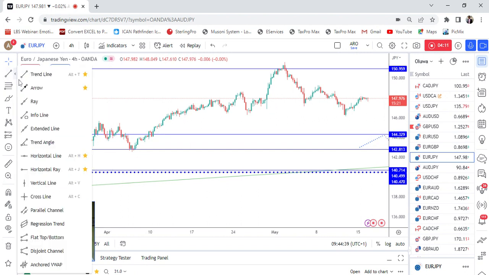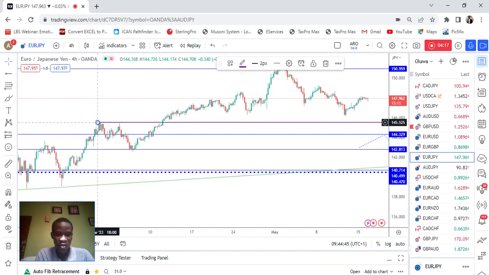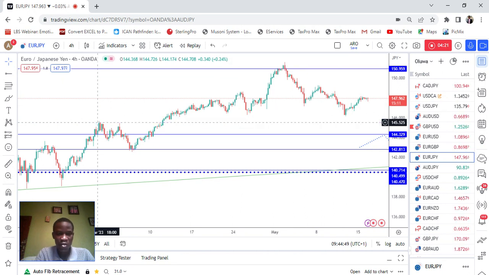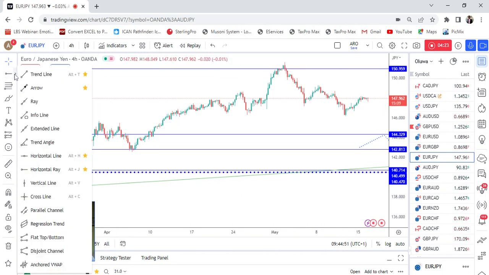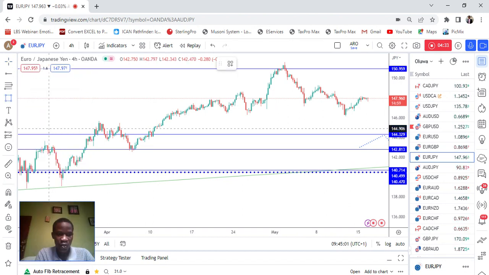Let me draw a line so that I can explain what I'm saying. Let me do something easy that will be easy for us. Let me draw a rectangular shape.